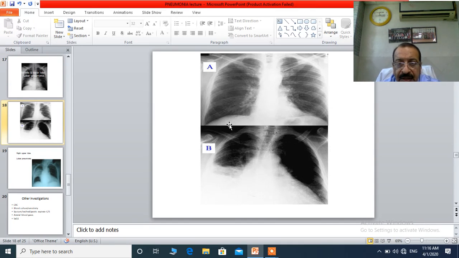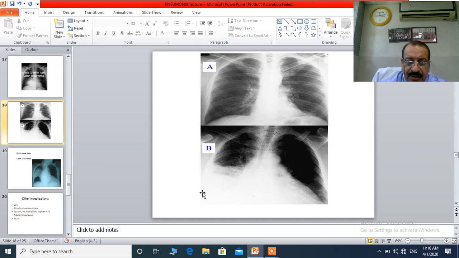Now if you look at these X-rays, this X-ray again indicates some areas of consolidation favoring bronchopneumonia. In this X-ray, the right lower zone shows a white opacity, which is an area of consolidation adjacent to the right border of the heart, indicating involvement of the middle lobe.